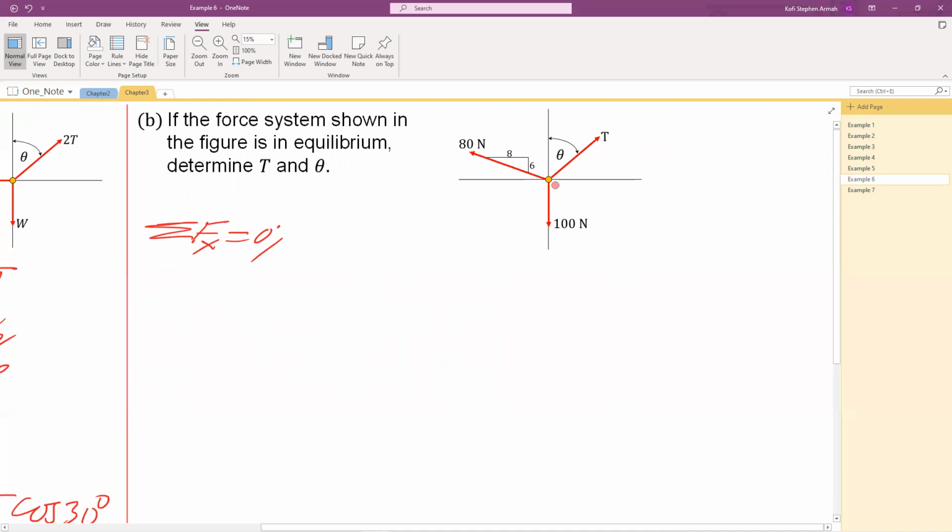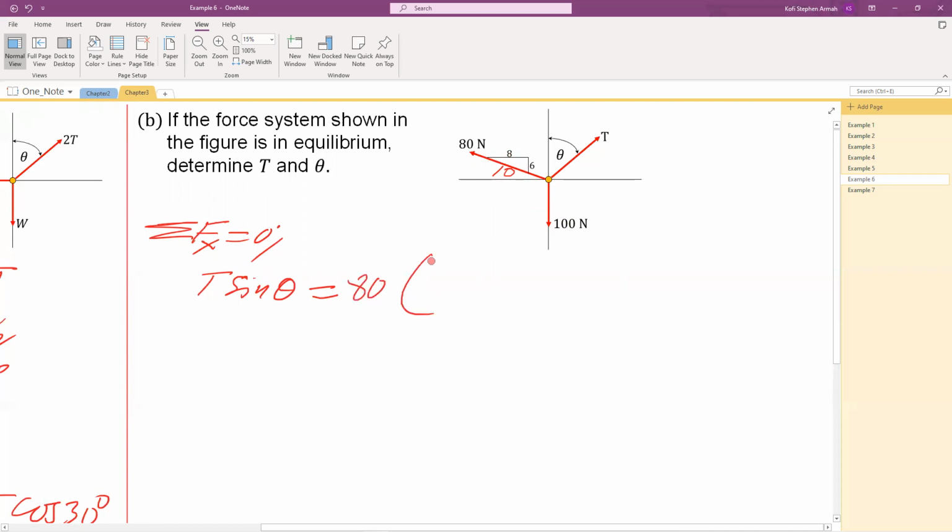So I'll get, for T, this is the cosine, that is the sine. For this one, the 8 is here, so this is 6, 8, and that is 10. So I'll get what? T, that is the cosine, so that is the sine. T sine theta is equal to, and this has no component in the horizontal, 80 times the slope triangle.